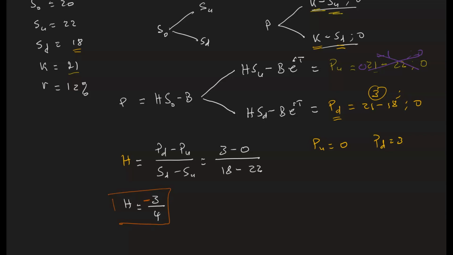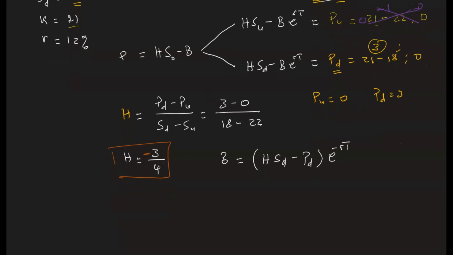And next, what we're going to look at is B. B, we found out, was equal to H stock down minus put down, and then we took the present value of that.